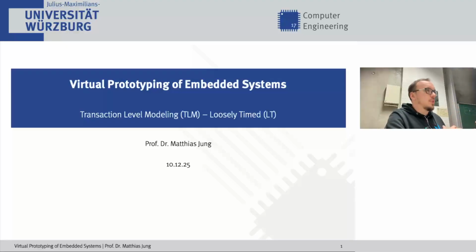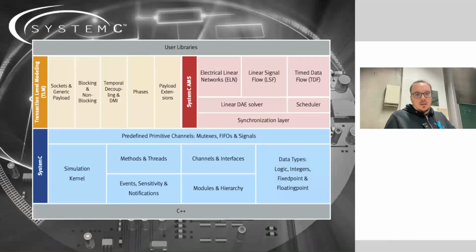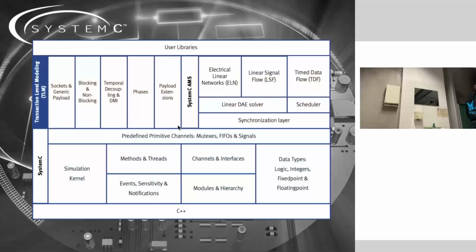And now you could do the same also with SystemC. But there's more. Yeah? So that's the big picture. And so far, we talked most of the time now about this block. Yeah? So the base layer SystemC, where we can do RTL models. And now let's move the level of abstraction to this higher level, where we talk about transaction level modeling.